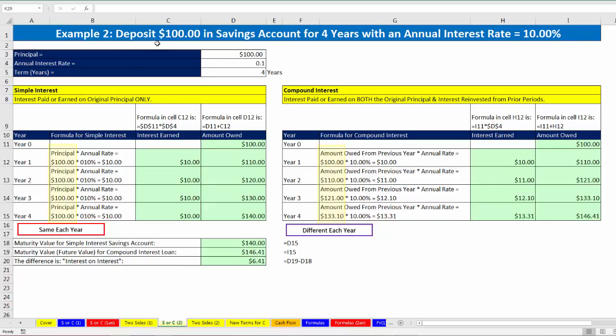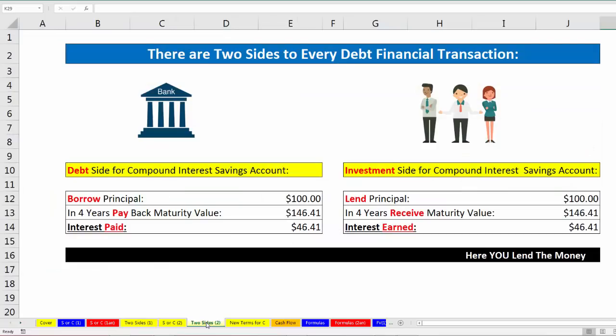So if you deposited 100, you love it because on the maturity date, you get 146.41. That means you deposited 100, and over that period, you made 46.41. Because the contract gave you compound interest, you made interest on interest of $6.41.